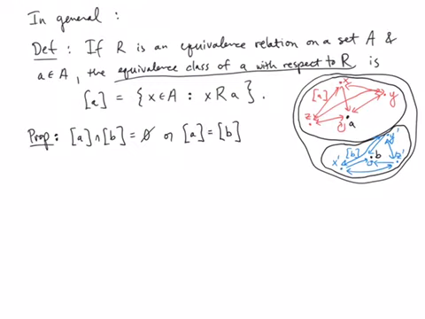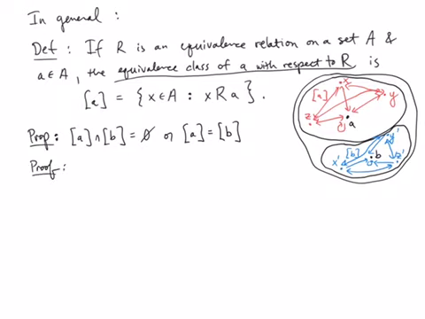So you can't have any overlap of the equivalence classes unless the two equivalence classes are entirely equal. Okay, so this is the dichotomy between equivalence classes.